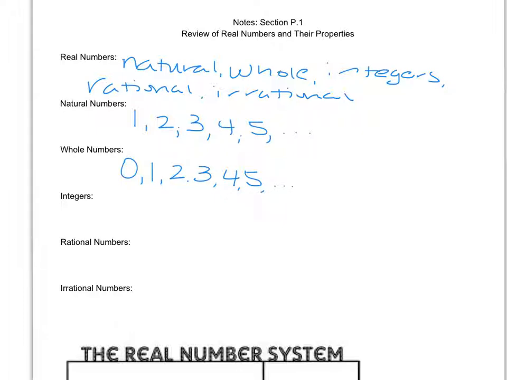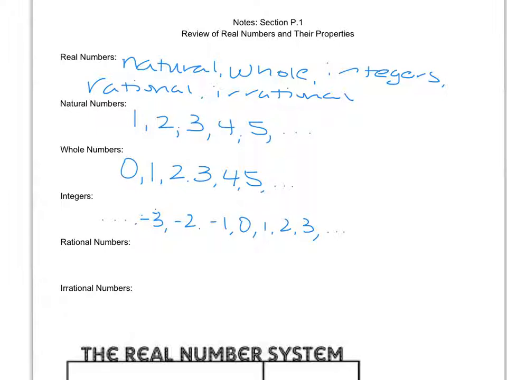And again, continued to infinity. The integers is when we add in the negative components. So we have, for example, -3, -2, -1, 0, 1, 2, 3, and it keeps going. The important thing is that they have to be whole, no fractions or decimals.